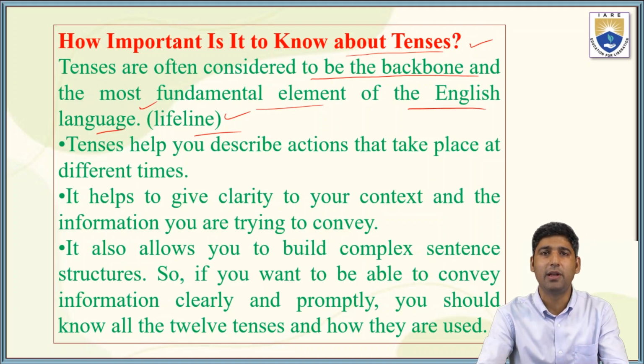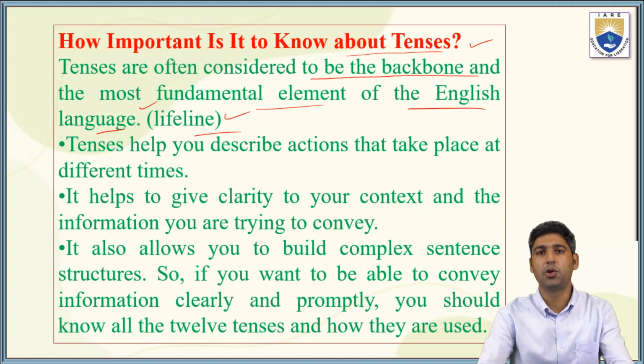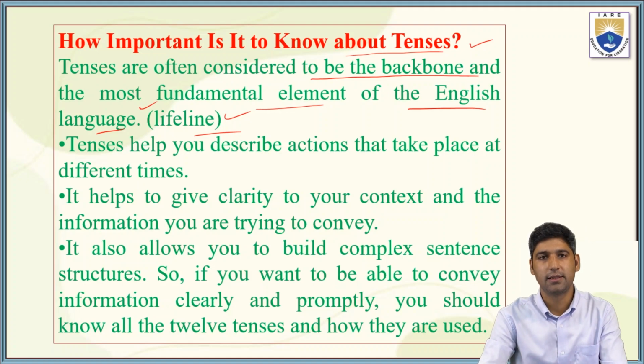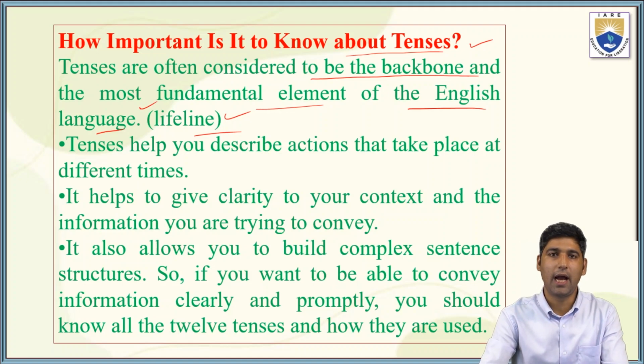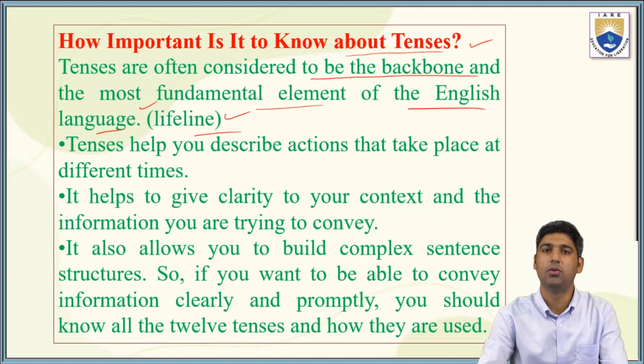You will feel very ridiculous if I have to tell you, I shall be taking your class tomorrow, and instead I speak the same sentence like this: I take your class tomorrow, or I have take your class tomorrow. That is totally wrong, because it doesn't have the proper tense in it. So we cannot communicate if we do not know the exact usage of tenses.